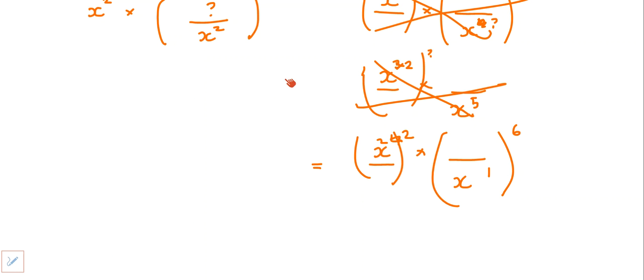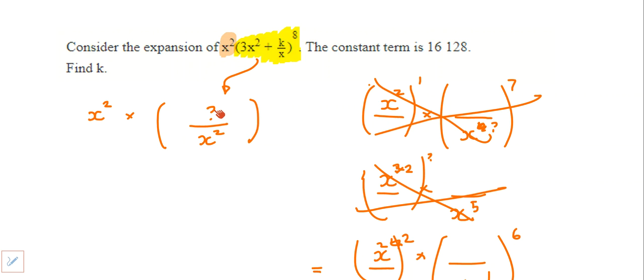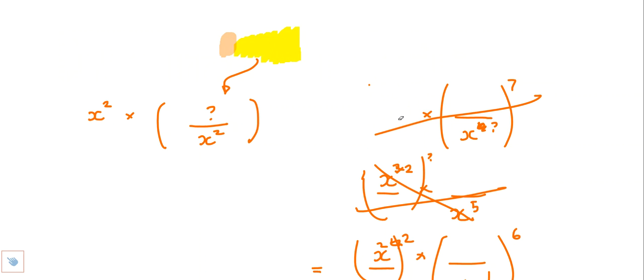I have to go back. If I think back to where I want, I need it to be an x squared left on the bottom with the first expansion. Alright? So those two can cancel out? I've determined, oh, so it's going to be 3x squared.